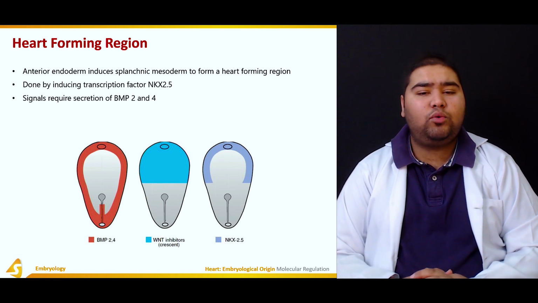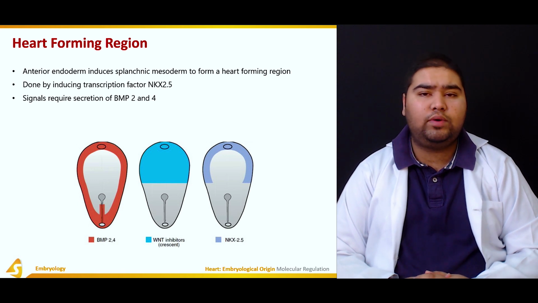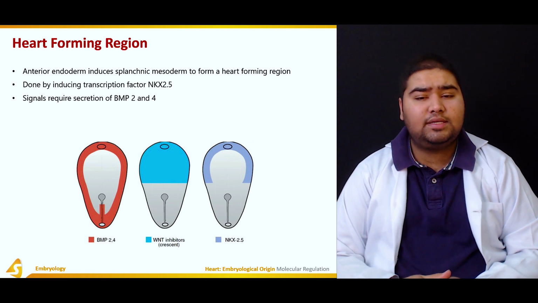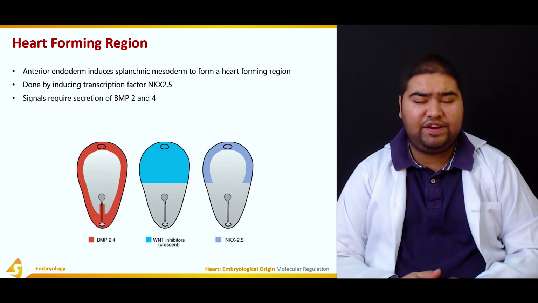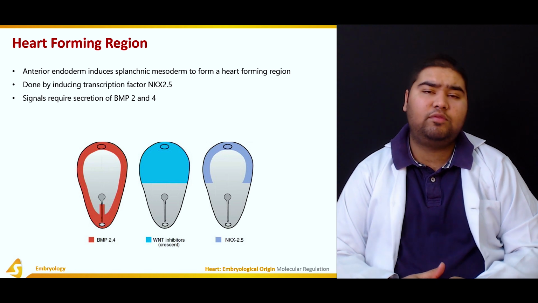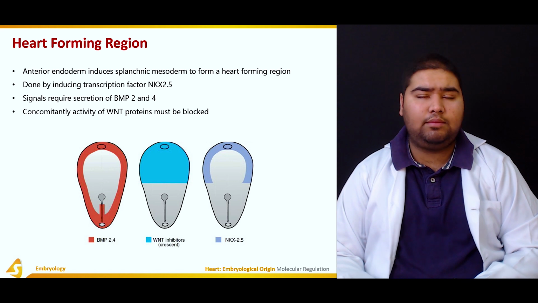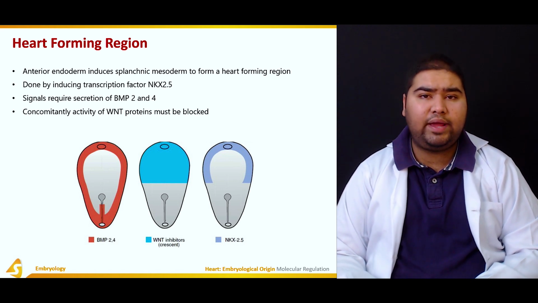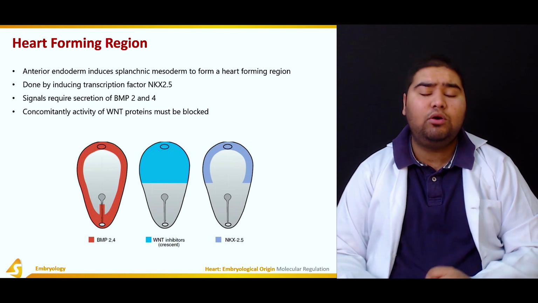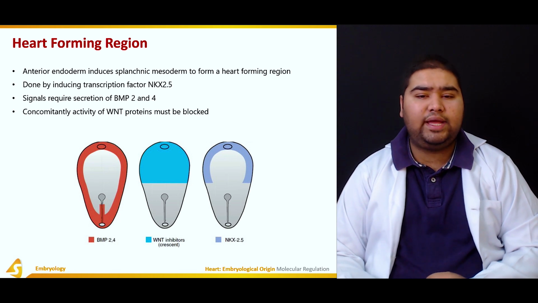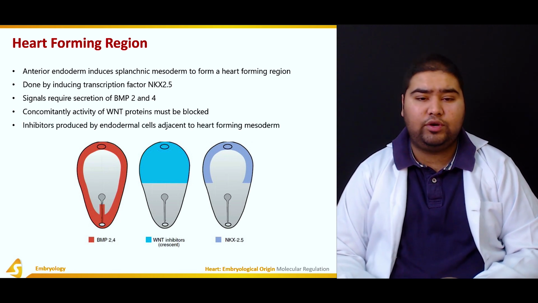Now, it requires the signals for the secretion of BMP2 and 4. BMP is bone morphogenic protein. So the transcription of NKX 2.5 requires the presence of bone morphogenic proteins 2 and 4. At the same time, the activity of WNT proteins must be blocked. So the WNT proteins, which are usually acting within the embryo, have to be blocked for the activity of NKX 2.5.